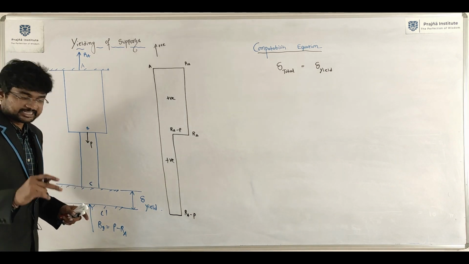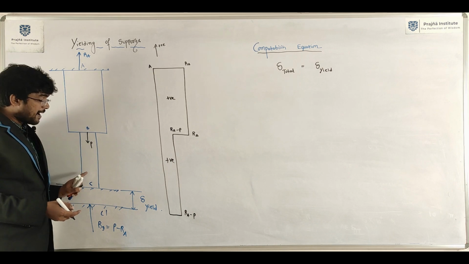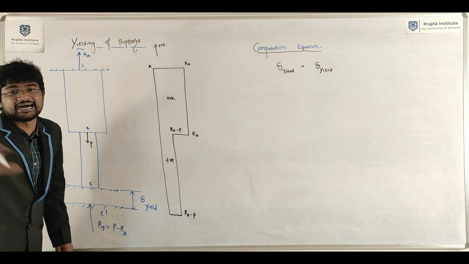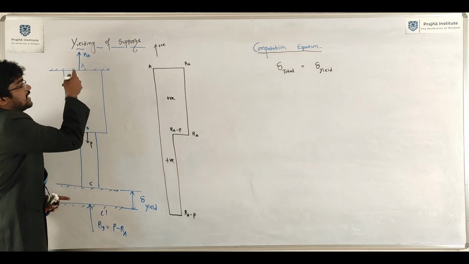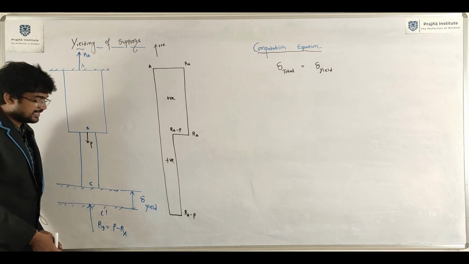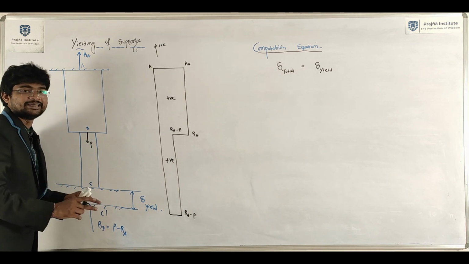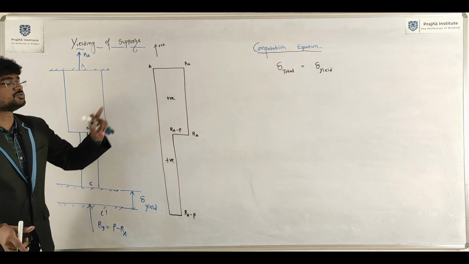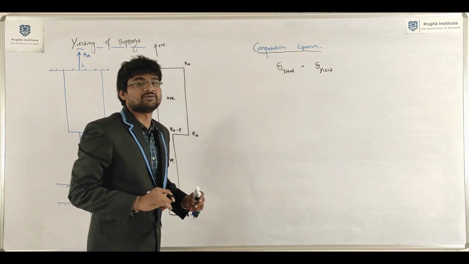How did the compatibility equation come? The total deformation in the compound bar is allowed up to delta yield. After that, there is no question of allowing axial deformation in the compound bar ABC. That is the meaning of movement of the support, yielding of the support, delta yield. So once delta yield is given in the question, we take delta total equal to delta yield as the compatibility equation.